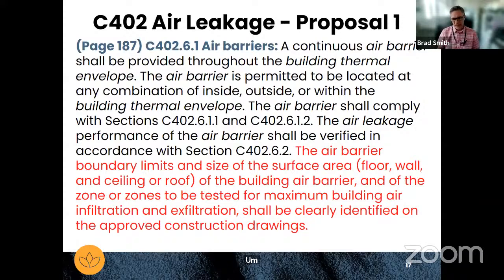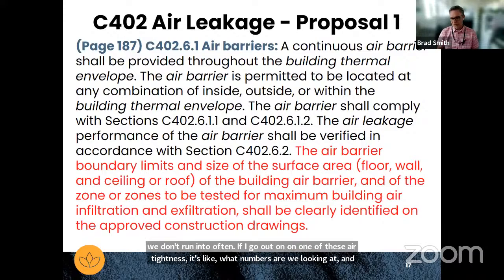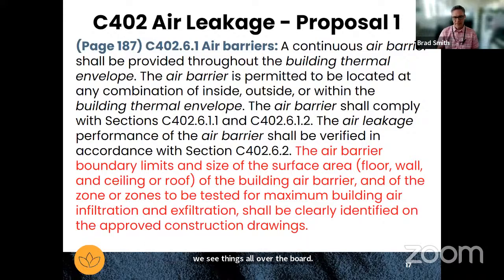So just wanting to codify this a little bit more so that it becomes an approved document at time of test. Often if I go out on one of these air tightness tests, it's like, what numbers are we looking at? And we see things all over the board. Most architects have the tools to pull in these numbers pretty easily and just put them in a table or something like that. It's kind of what we typically like to see on the approved set of documents.